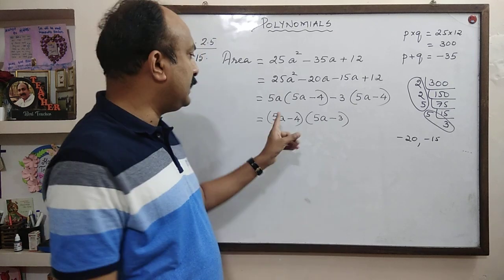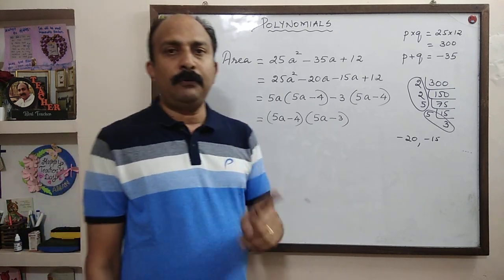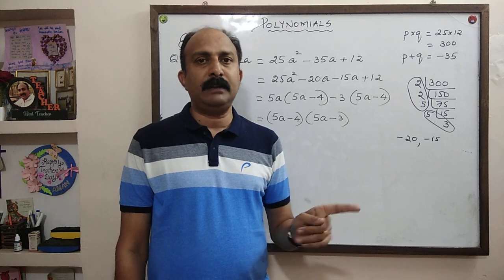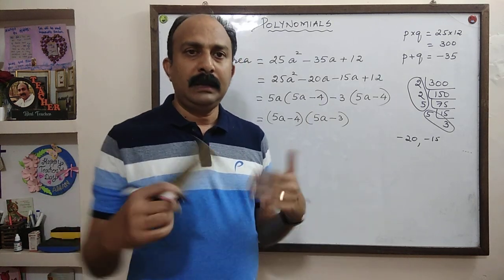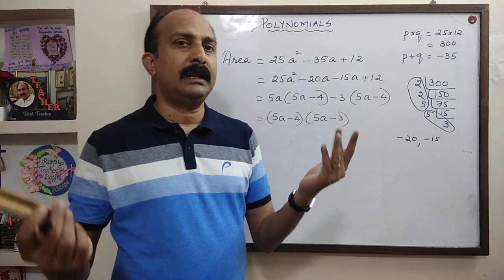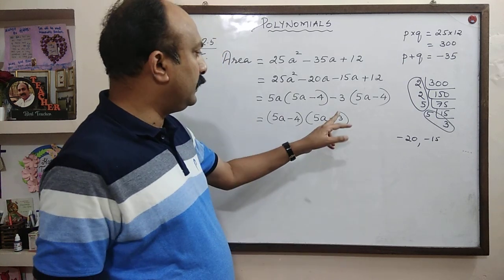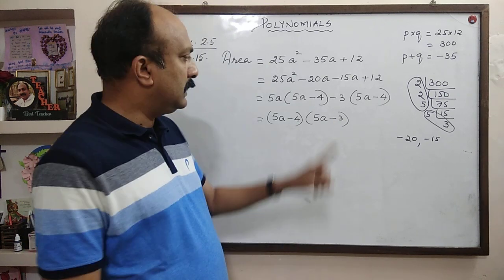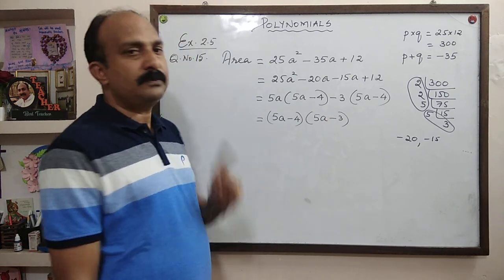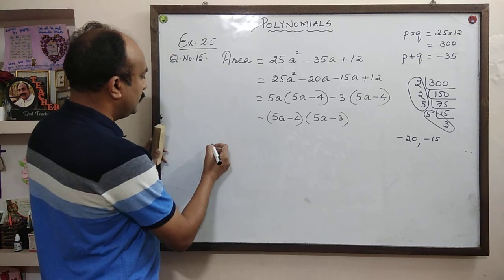In all the questions, after getting the two factors, you won't be able to say which one is greater and which one is smaller. In that case, you can leave any one as length and the other one as breadth. But here we know that 5a minus 3 is larger. So logically, this must be the length and this must be the breadth.